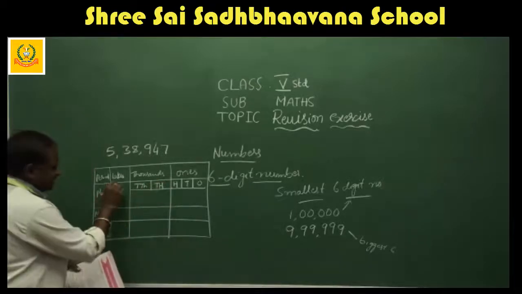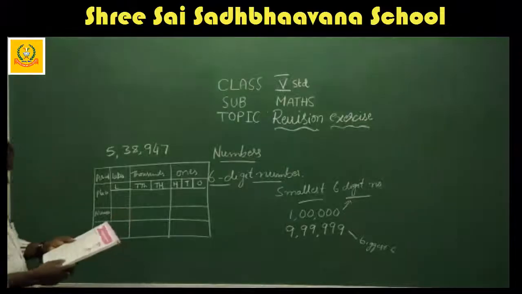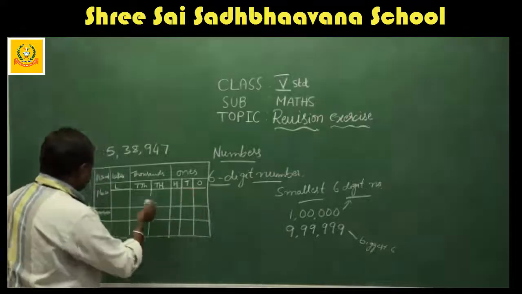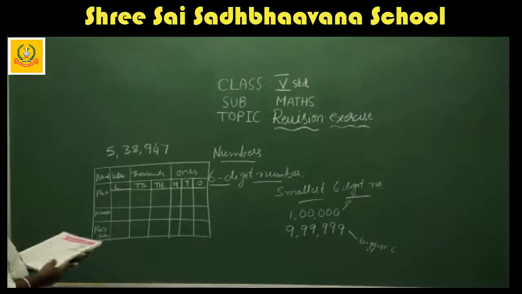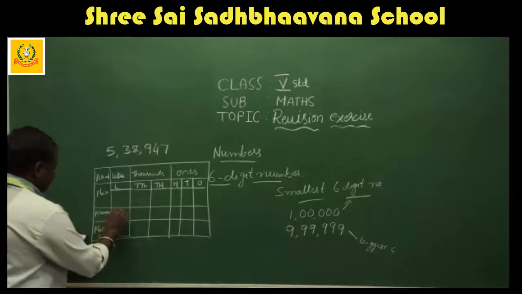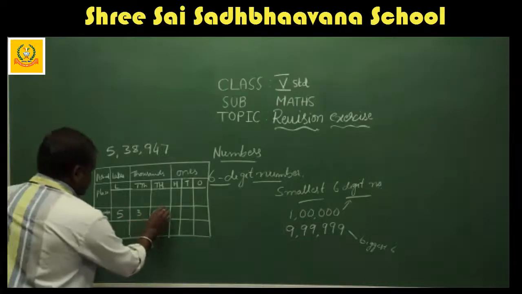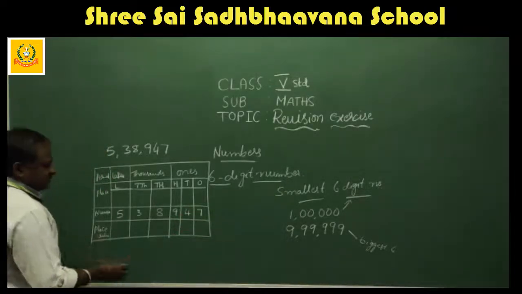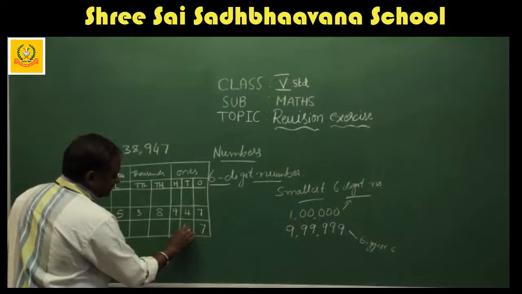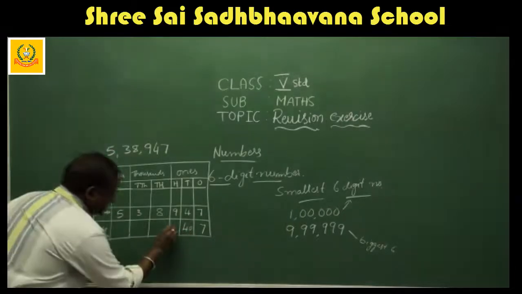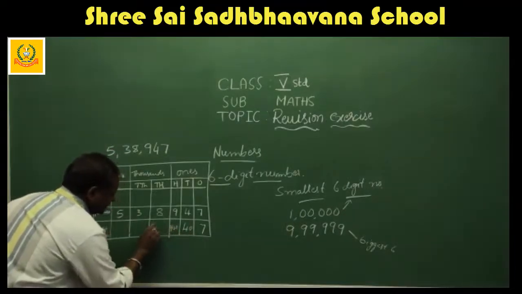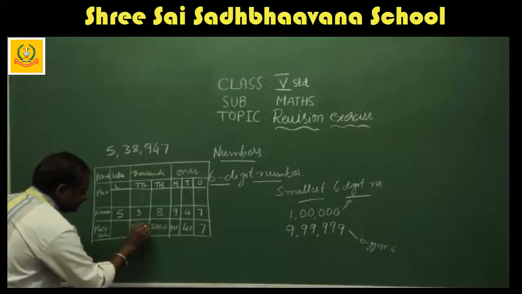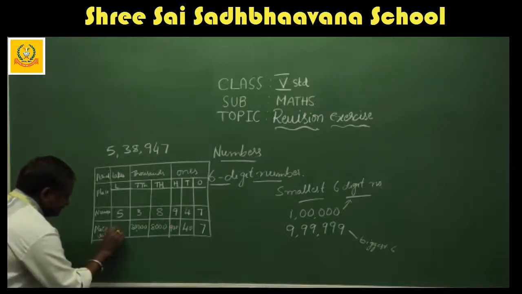In lakhs, it is lakhs only. So, according to this, how will you write the number? The number is 538,947. That means the place value: this is 7, this is 40, this is 900, this is 8,000, this is 30,000, this is 5 lakhs.